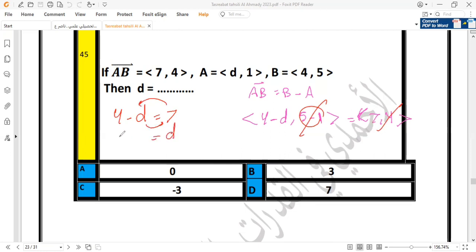So D equals 4 minus 7, which is negative 3. We isolate D on one side, so D equals negative 3.